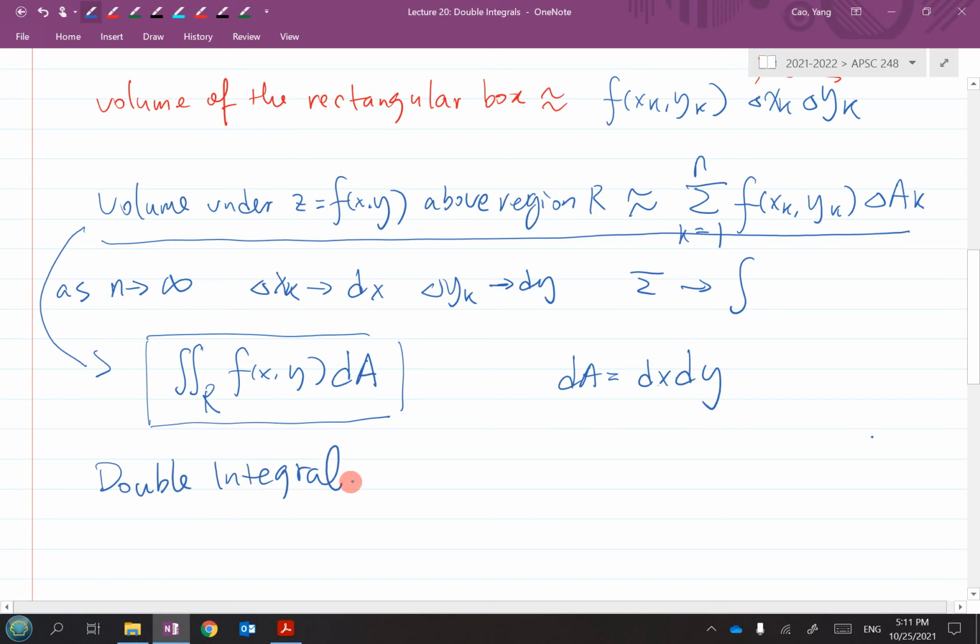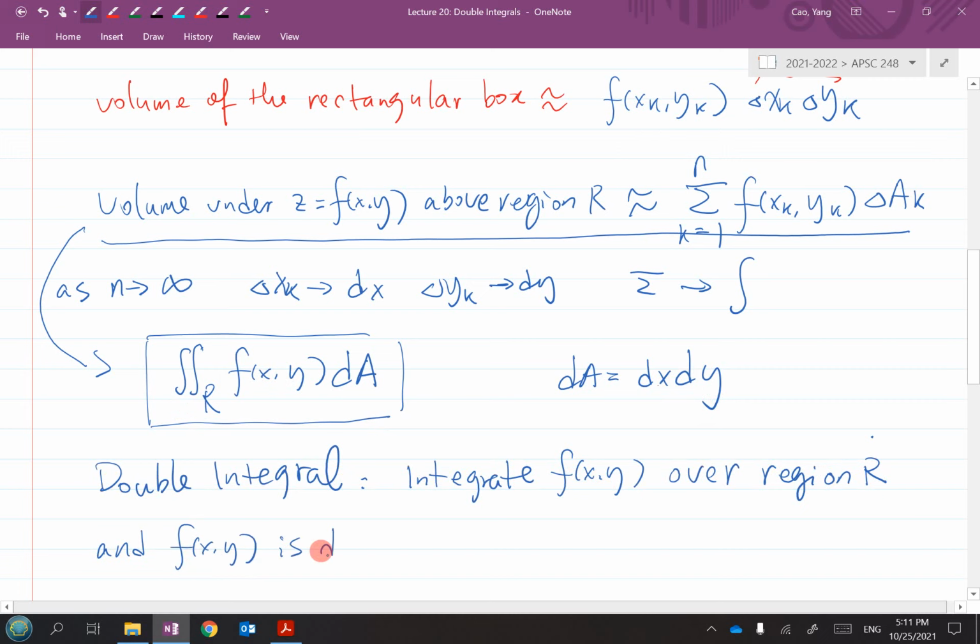And formally, if I had to describe what we just derived, we are integrating this function over the region R. And f of x, y is defined over R.